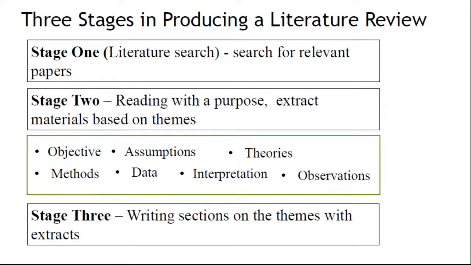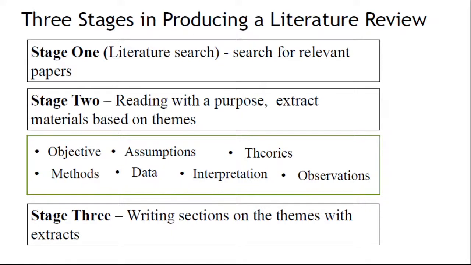Now, when you find enough papers related to your topic, stage 2 is we have to read those papers with a purpose. We are not reading for the sake of reading. When you read, you abstract all the information. For example, what is the objective of this paper? What are the assumptions they make? What theories does this paper use?